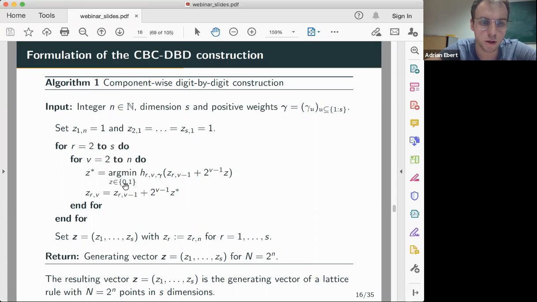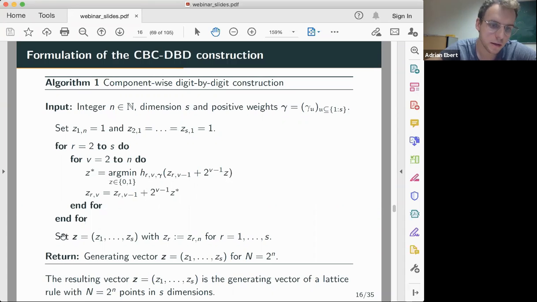So it's two choices, 0 and 1, of this function here. It's the previous part of the component plus either 0 or 1. So either we add the bit or we don't add it. Whichever minimizes our function h will be chosen as the next bit. And then we update this expression accordingly.